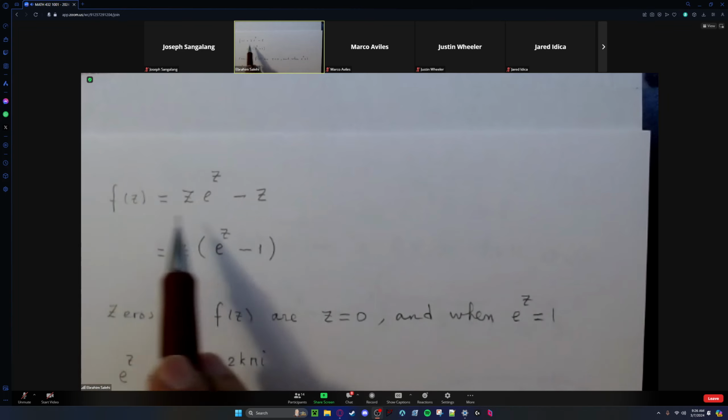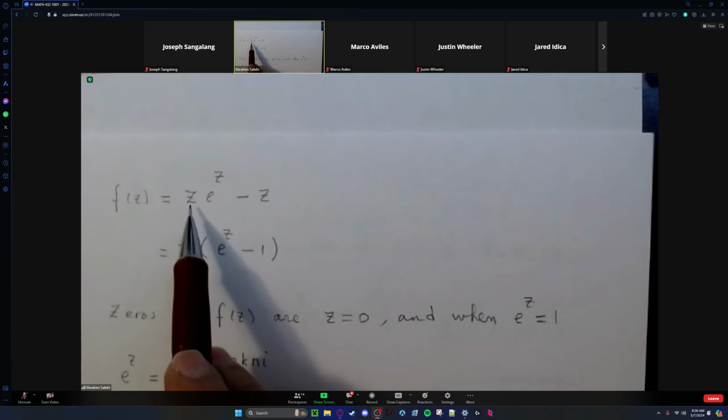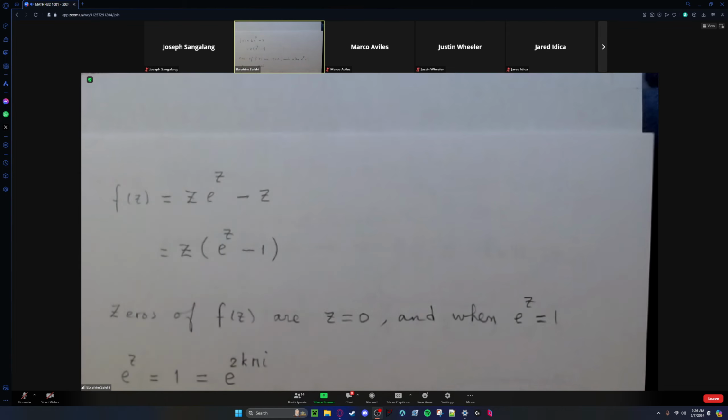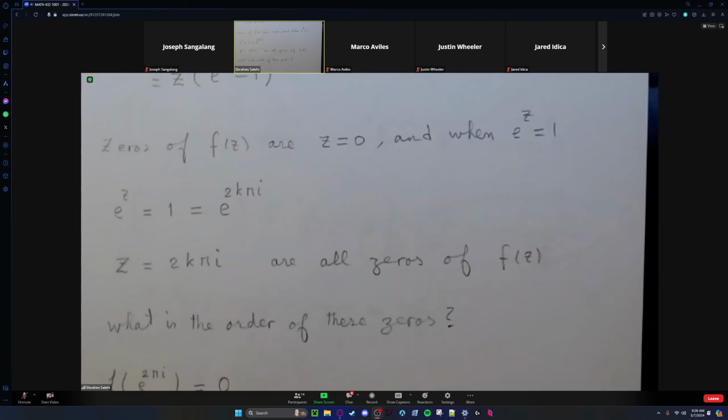I want the derivative of this function. So it will be derivative of this times this, plus z e to the z, and then minus 1.